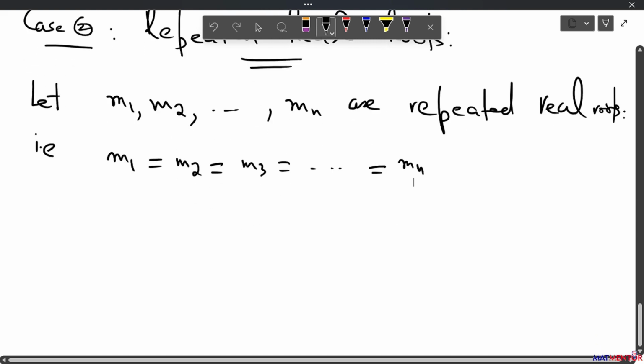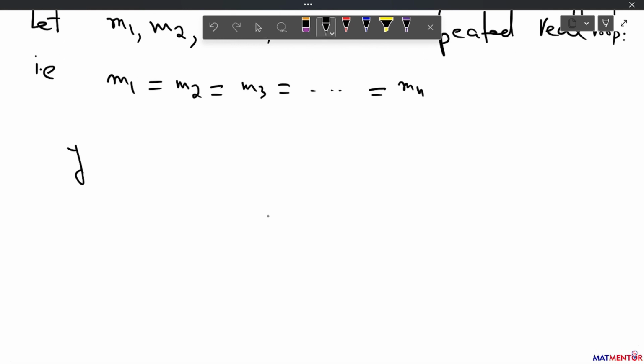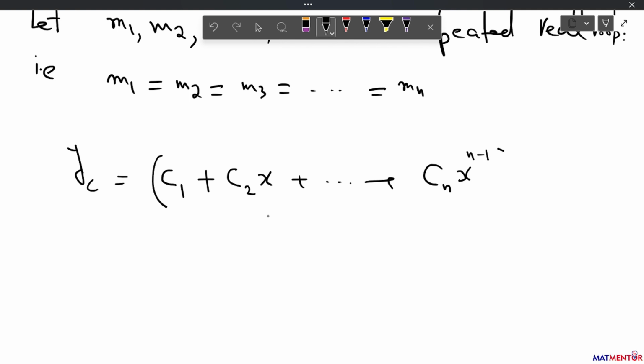In that case, my yc will become, so look, there are n roots and they are basically the same. They are repeating, okay? So I will take n constants. So c1 plus c2x plus up to cn x raised to power n minus 1, all times e raised to power m1x.